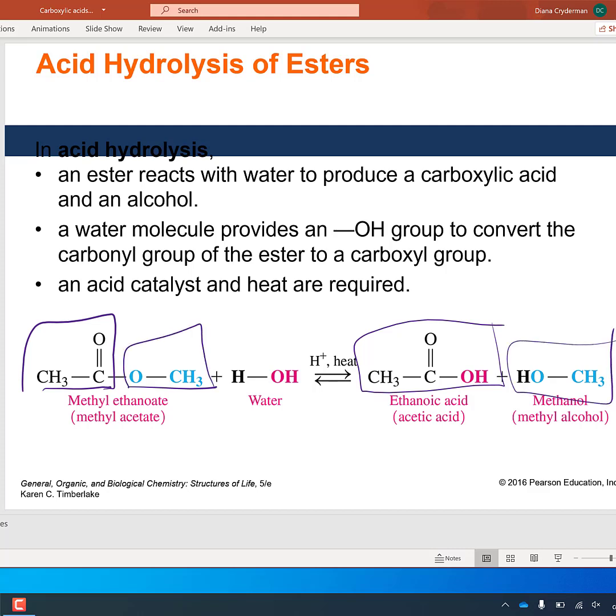We'll see that the ester's oxygen will go with the alcohol, so that in blue is here. And the water in our solution is going to donate an OH, an oxygen and a hydrogen, to be the OH part of our carboxylic acid. So we see that in red.